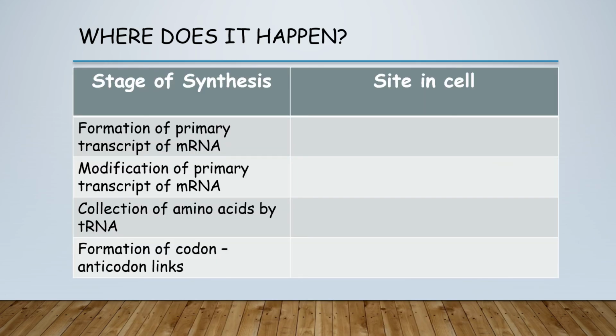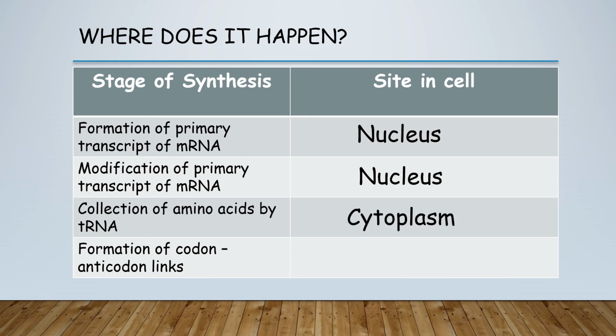So where does all of this happen? This is something you need to know as well. So the formation of a primary transcript of mRNA, you should remember from the last lesson, that's in the nucleus. The modification of that primary transcript to create our mature mRNA transcript, again, that happens within the nucleus. Collection of amino acids by tRNA, so those are scattered about the cytoplasm.